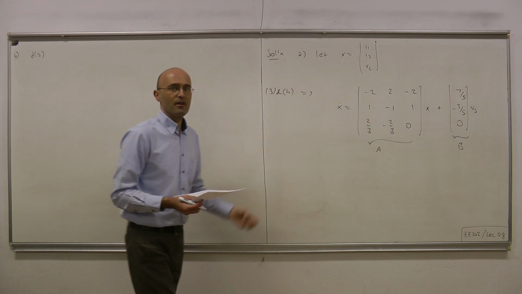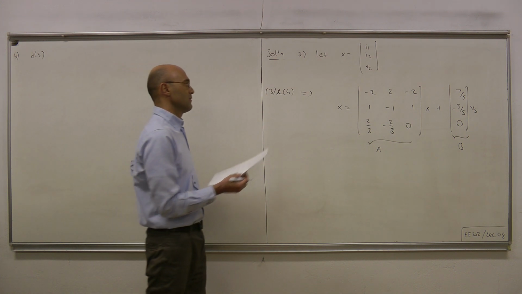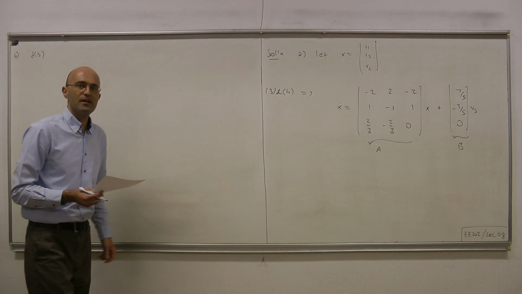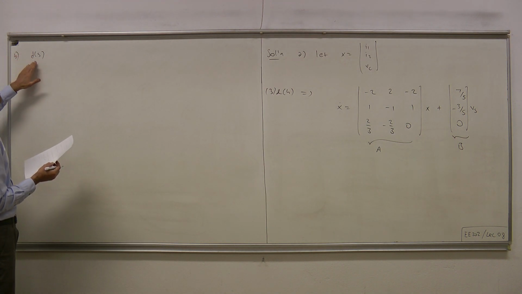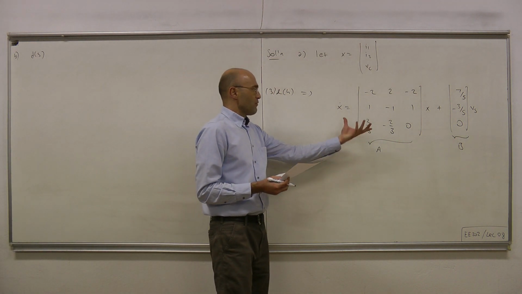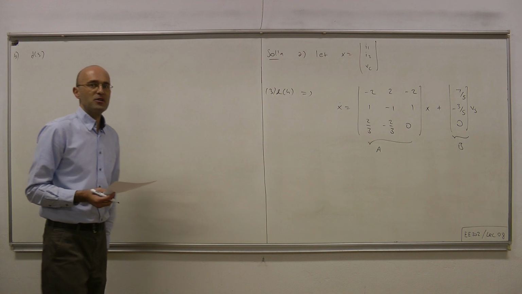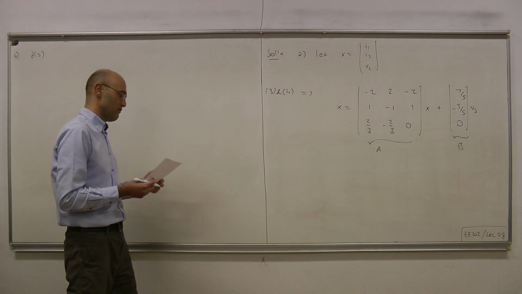explicitly as it was for the first or second order differential equations that we dealt with in 201. Now, this brings the question, what's the characteristic polynomial for a circuit for which you have the state space representation, or the state equation? The answer turns out to be the following.